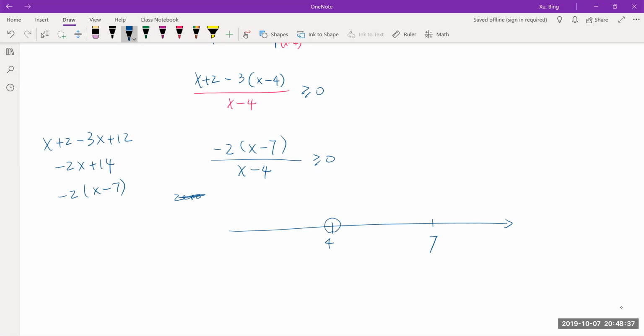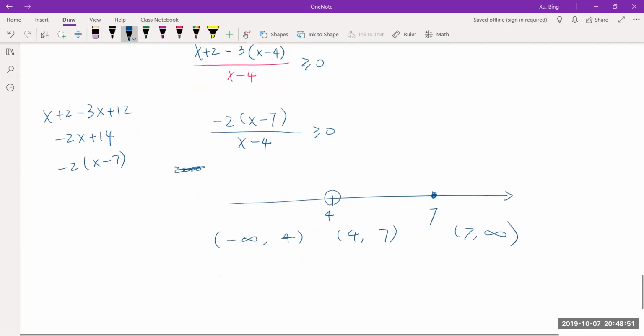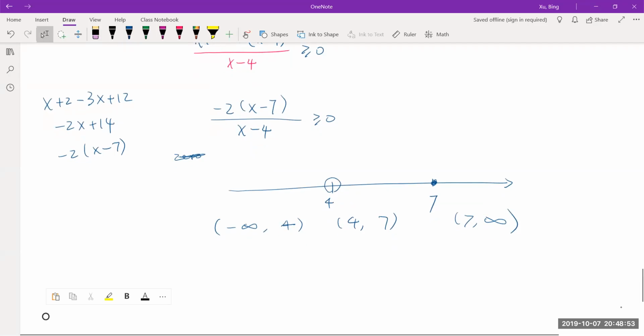No. 7? Yes. Now, negative infinity to 4, 4 to 7, 7 to infinity, three intervals. Now, a test point from each interval: I just love 0, 5, and 8. Any number you want, as long as it's in the interval.